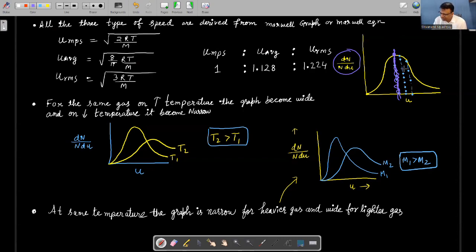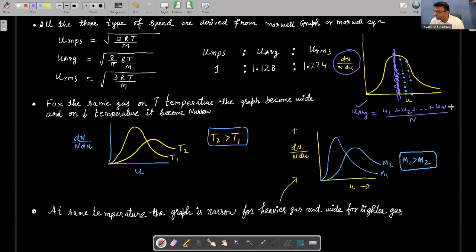In the same way, from this graph we can find the average speed. You should also know this, because sometimes they will ask questions about it. Average means u1 plus u2 and so on, up to un, divided by the number of particles. Basically it should be dn1 u1, dn2 u2, but I am writing it in short. Sometimes in a question they will give these values and the number of particles and ask.